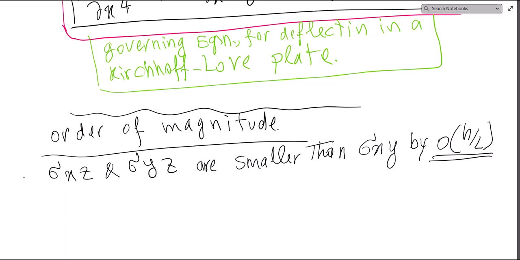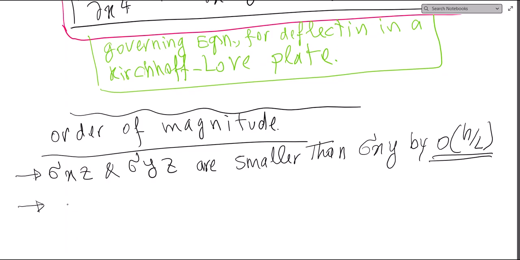So this is one. You can actually do this. I will not do it here, but it is an order of magnitude analysis that as your h over l gets smaller and smaller, these assumptions that we made here are more justifiable, as well as the result for your calculation using this theory becomes more accurate.